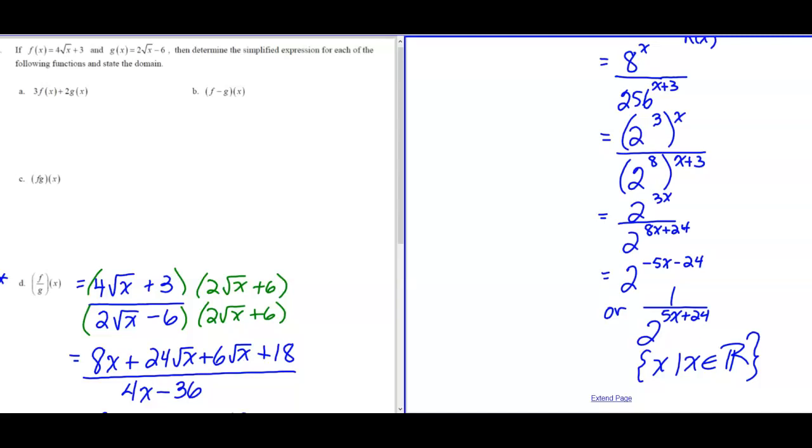Question 7, some trig. And remember how to come up with the equations.